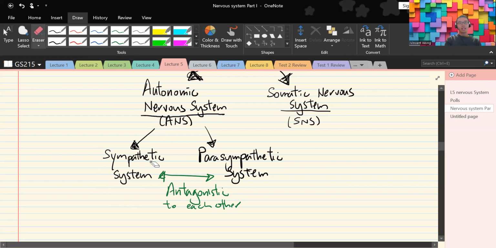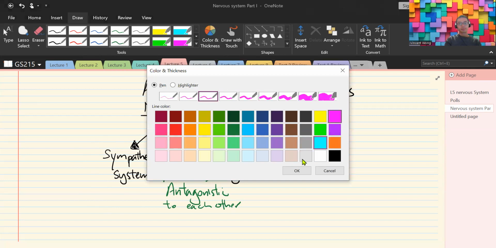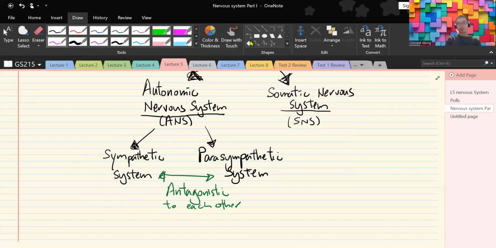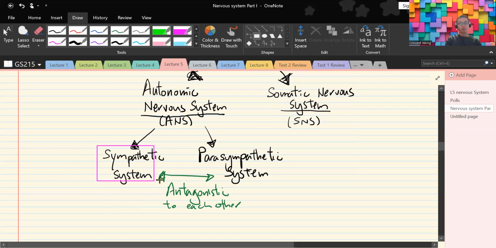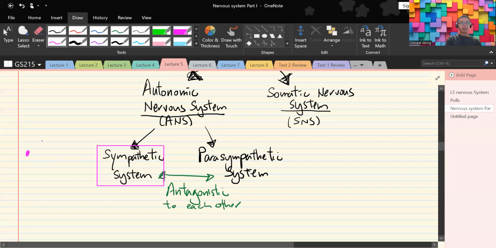In general, when is the sympathetic system most active? Both systems are working at all times, but during certain periods, one is going to dominate over the other. So when will the sympathetic system be dominating? Like fear. Yeah, exactly. Thank you.